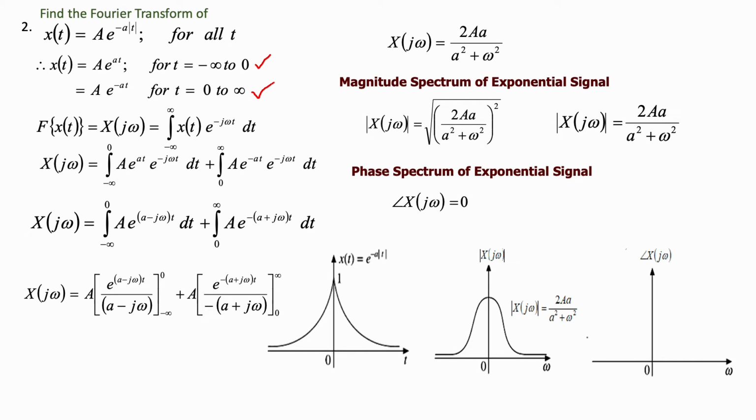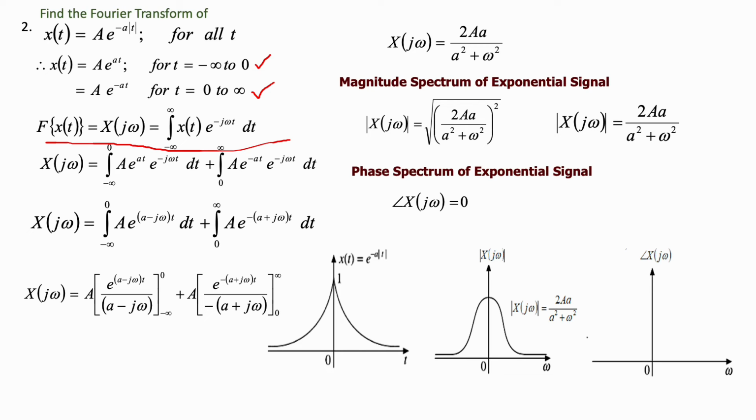Now you write down the formula of the Fourier transform. Then depending upon the limit, you substitute it. From minus infinity to 0, the signal is a e power at, put it here with e power minus j omega t dt. Similarly for the other case, you integrate it and substitute the lower limit and upper limit.